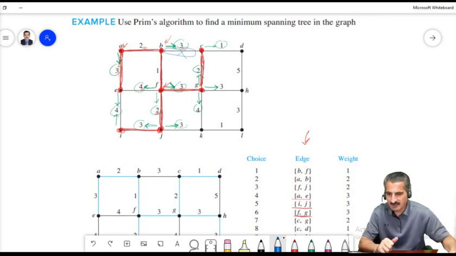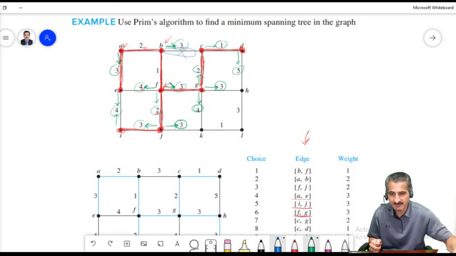And now I can see 3 from the vertex G, 4 from the vertex G, and 3 from the vertex J, but I can see 1 from the vertex C, and it is smaller than any other weight, so I will choose this edge. Now from D I can see 5, okay, and from G I can see 3, 4, 3, so choose any one you want.